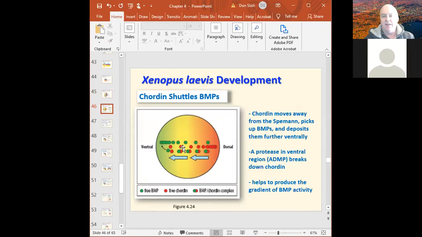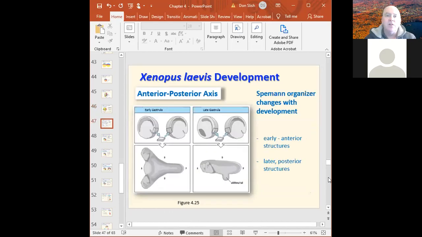So you start to get a gradient of BMP moving in this direction, as well as blockers coming from this direction. So you get a nice gradient there. And that's going to be our dorsal ventral axis, because dorsal structures will form when BMP activity is totally knocked out. So that is our dorsal ventral axis.